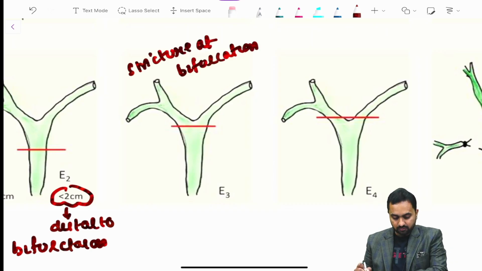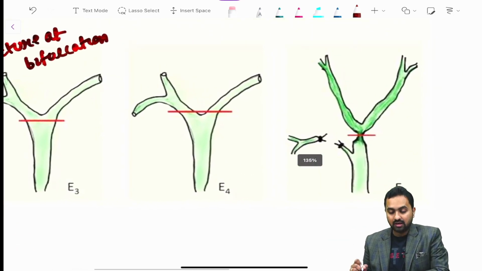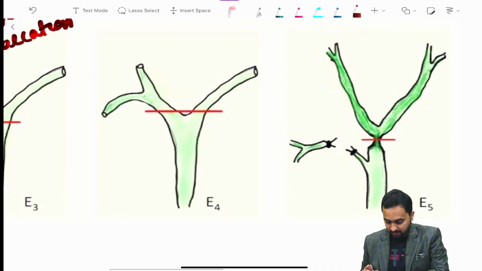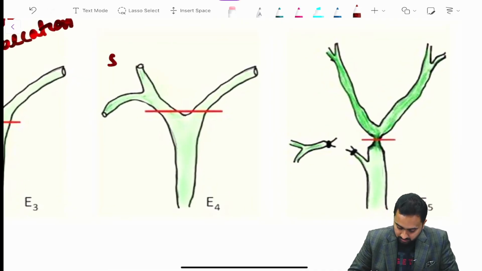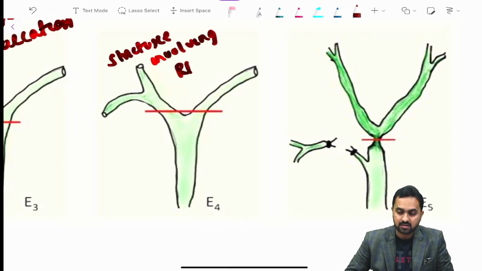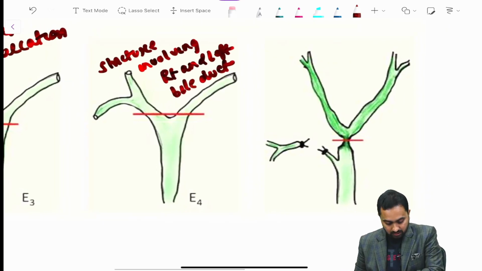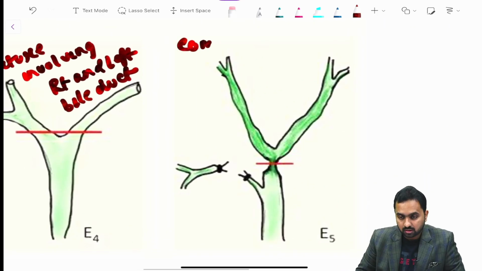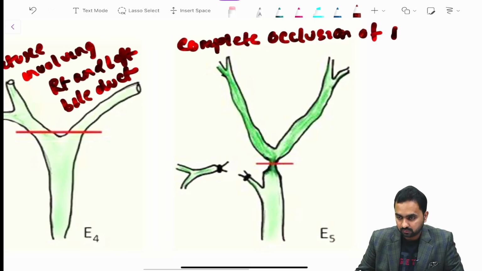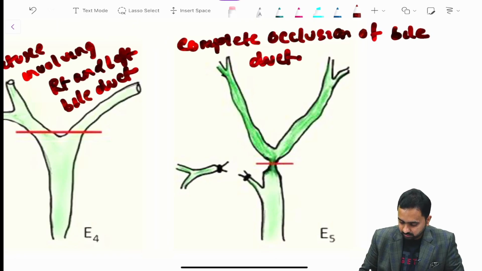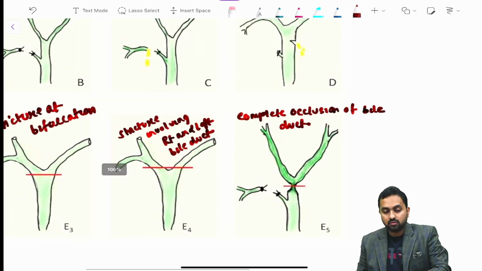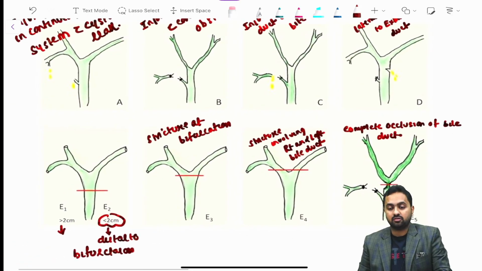In case of E4, you have your stricture involving the right and the left hepatic duct, but not in continuity. Now, in your E5, you have complete occlusion of bile duct. So, this is your Strasbourg and your subclassification of your Bismuth.